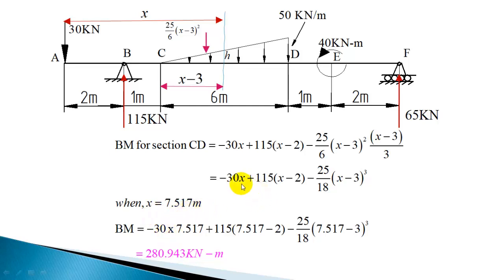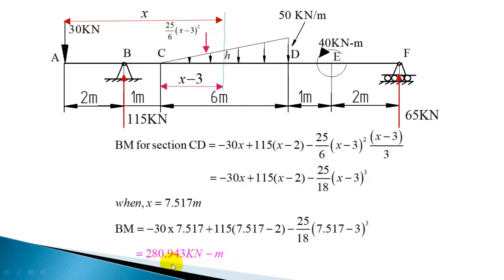So substituting x as 7.517, you will get minus 30 into 7.517 plus 115 into (7.517 minus 2) minus 25 by 18 into (7.517 minus 3) cube. So that will work out to 280.943 kilonewton meter.